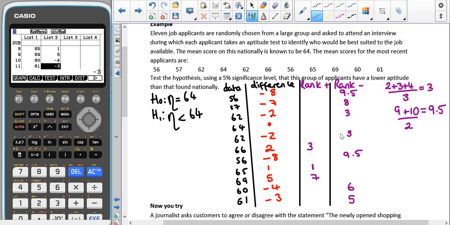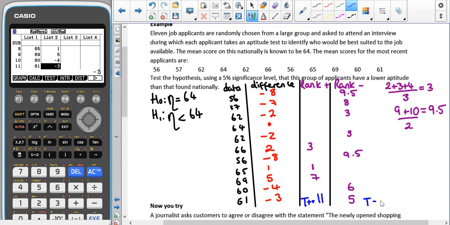It's also very important that you start off with the numbers that are closest to 0 when you are doing your ranking. So the next step here is to add the rankings together for the pluses and the minuses. So the total for the pluses is 3 add 7 add 1, which gives us 11.